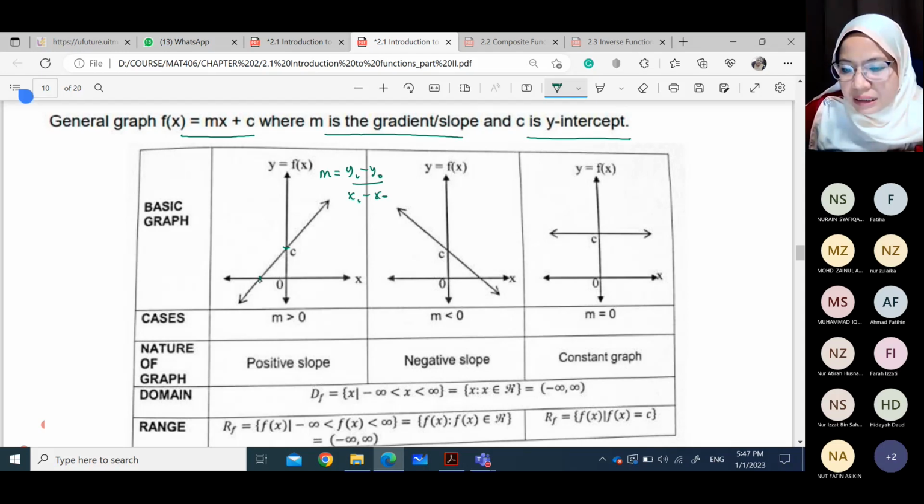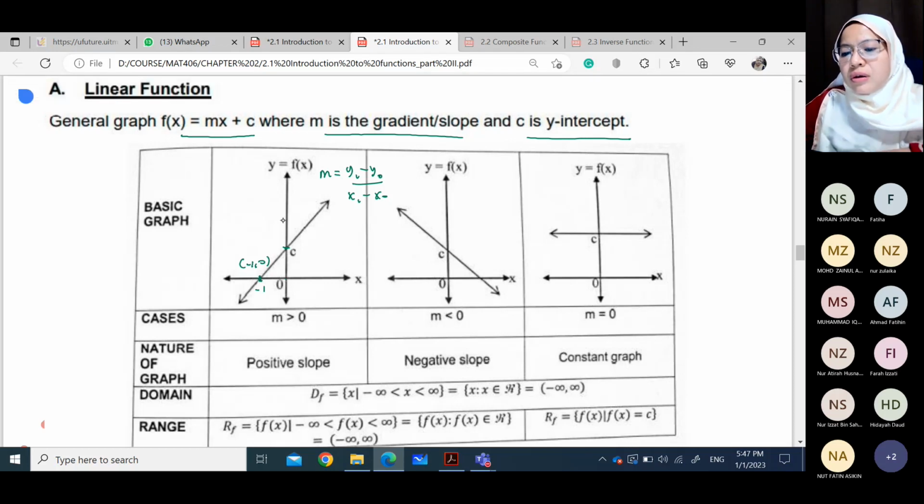Katakan you ambil titik dekat sini. Titik dekat sini adalah X0. X bukan 0 kat sini, X ada nilai. Katakan this one is negative 1 for example. So you ambil titik ni, negative 1, 0, sebab dia berada pada X-axis. Jadi, Y dekat sini kosong. So, point kat sini negative 1, 0.